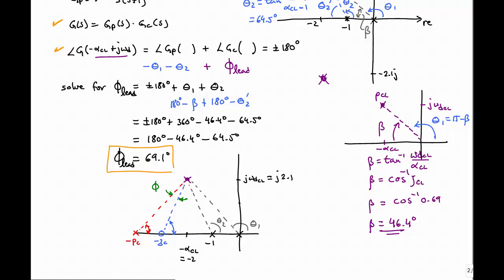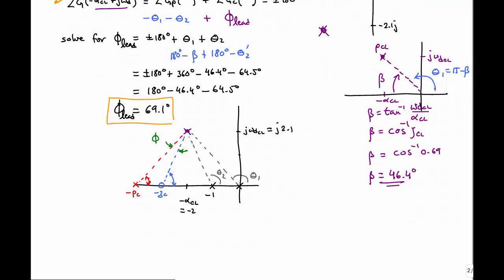Okay. Now, the next thing we have to do is to determine where to place the pole and zero. So I've placed just arbitrarily a pole and zero in red and blue here. Now, for it to be a lead compensator, the zero has to be to the right of the pole. This is obvious just geometrically here. We see that we have an angle phi c. Okay, so this is not what I'd called phi c earlier. That's why I wanted to rename this to phi lead.